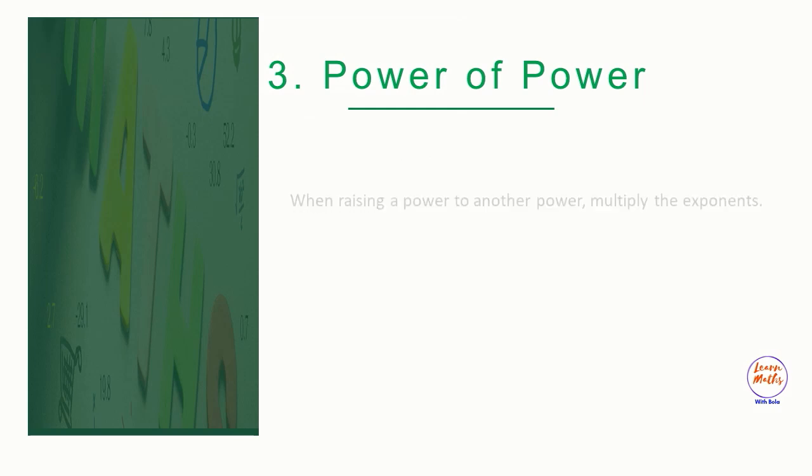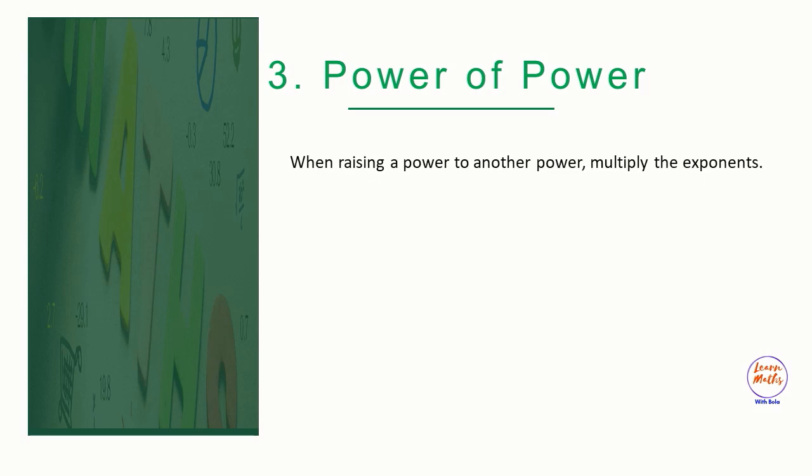Then we have the power of power law. The power of power law says that when raising a power to another power, multiply the exponents. If you have open brackets a raised to power m and close brackets, then everything raised to the power of n, all you have to do is multiply your m and your n together.